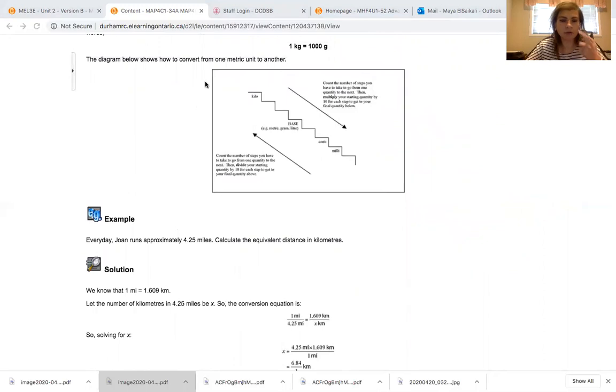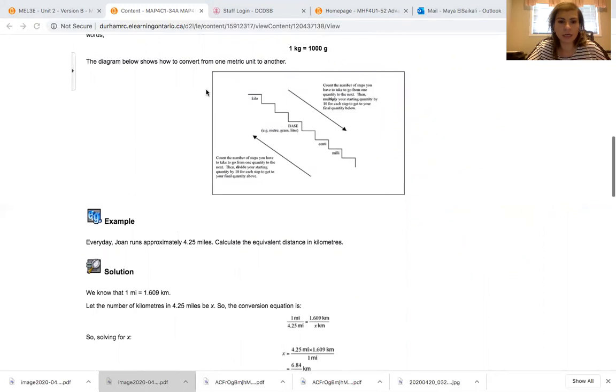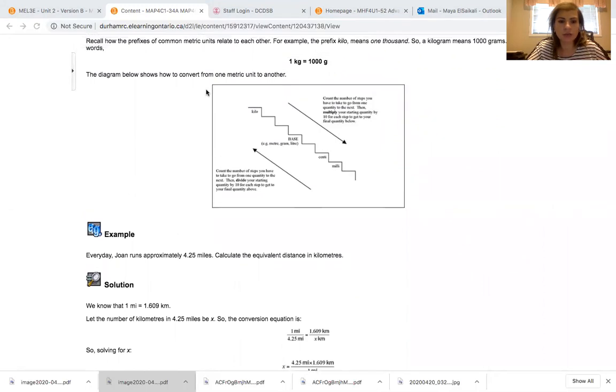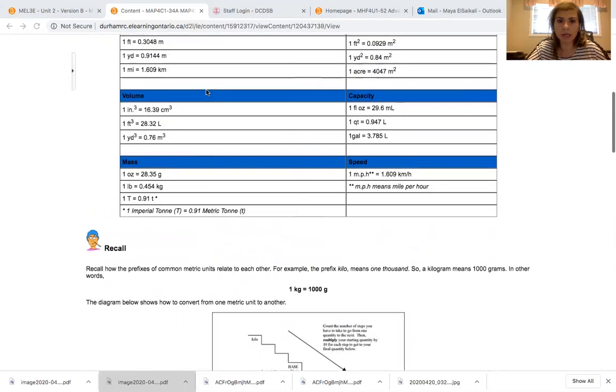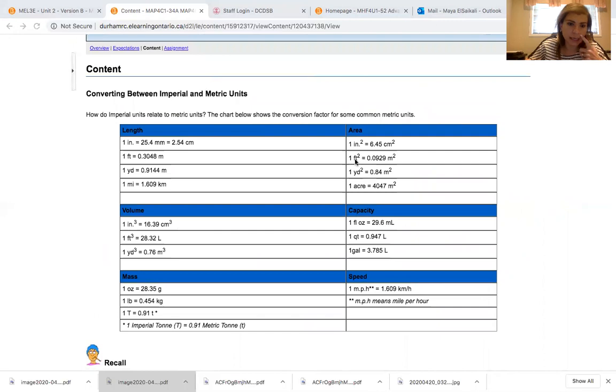So this is your table, and then you're looking at this question. Every day John runs approximately 4.25 miles. Calculate the equivalent distance in kilometers. Okay, so we're looking at miles and kilometers. So 1 mile is 1.609 kilometers.